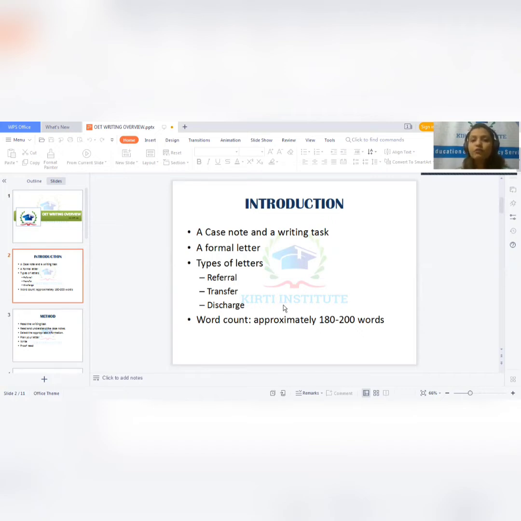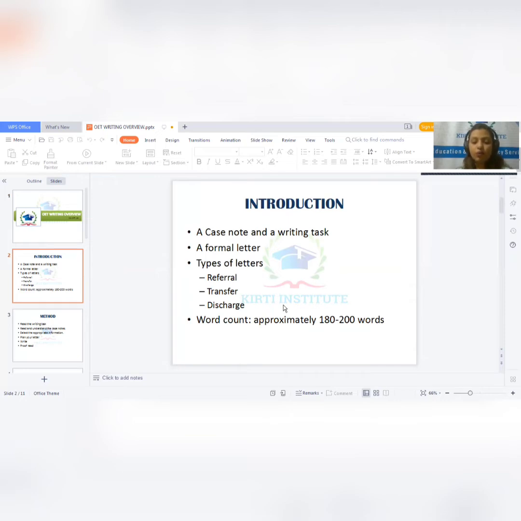So this kind of information will be given in the case note, in note form. It won't be in full sentences. You will have to prepare the sentences. And below the case note, you will be given the writing task, based on which you will have to write a formal letter. As I said, there are three types of letters: referral, transfer, and discharge for doctors and nurses.